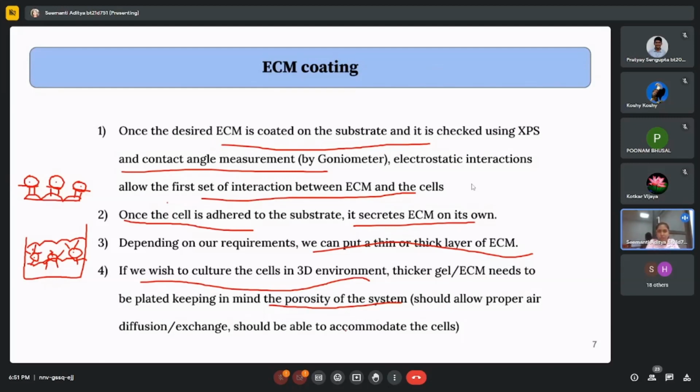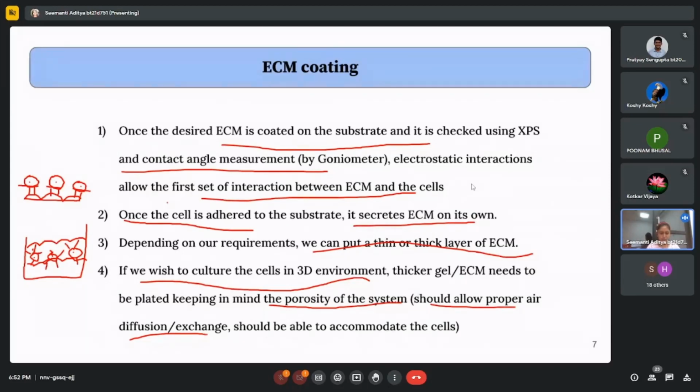The porosity of the system can be measured by an instrument called a porosimeter. It also needs to be maintained so that there can be proper air diffusion and exit, because the cells need to grow as well. So the ECM matrix should not be very opaque, but breathable, so that it allows the cells to grow in it and can accommodate them.